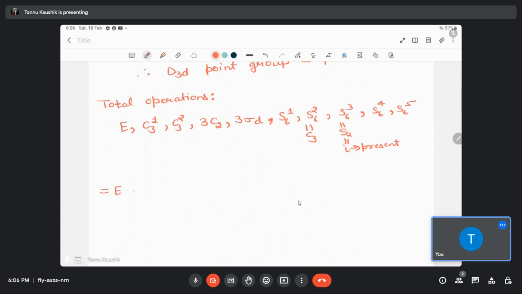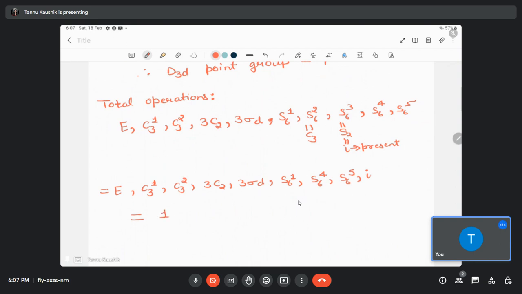So the final operations are, I'm listing them again. S65 and inversion center. So how many operations do we have in total? 1, 2, 3, 4, 5, 6, 7, 8, 9.